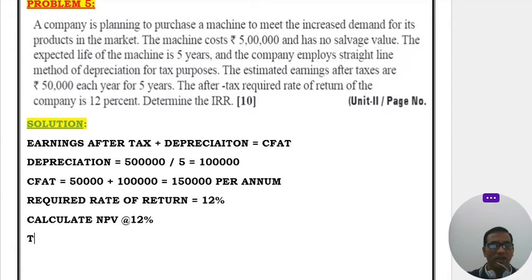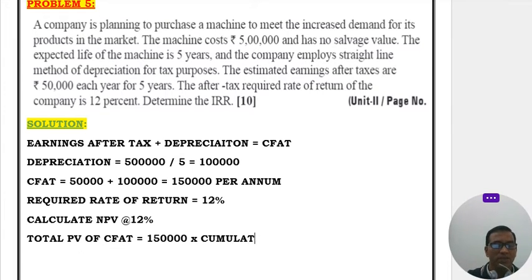Directly you can calculate total PV of CFAT equal to 150,000 CFAT per annum times the cumulative PV at the rate of 12% for 5 years. Direct value you can take, my dear.